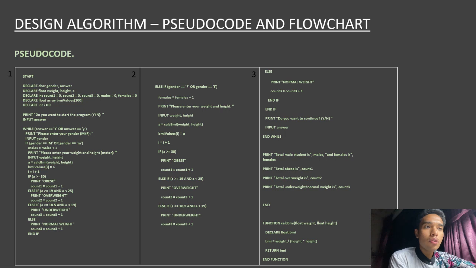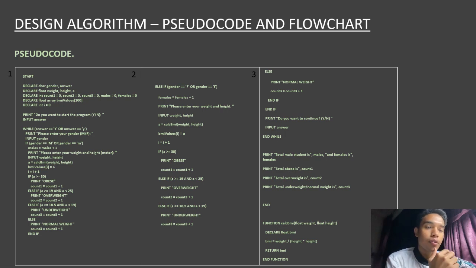First of all, we ask the user to start the program, where we give the code y or n. After the user inputs y, we display the sentence: please enter your gender, M or F, M for male and F for female.